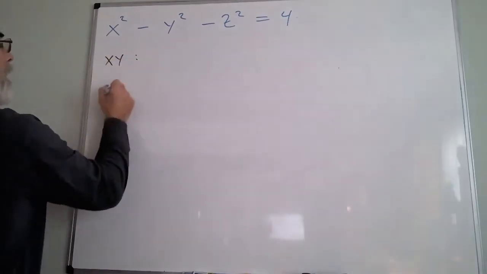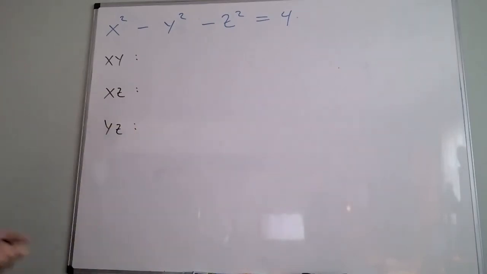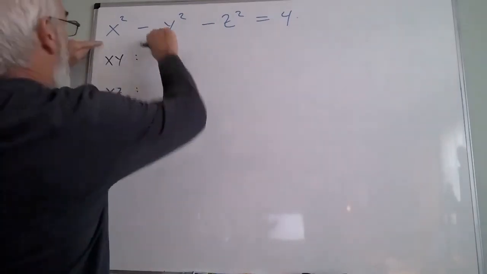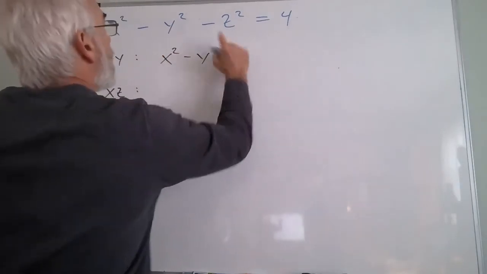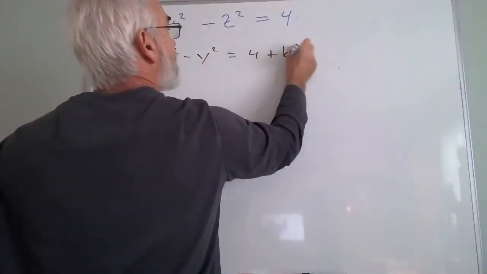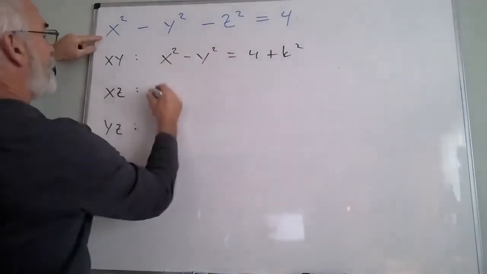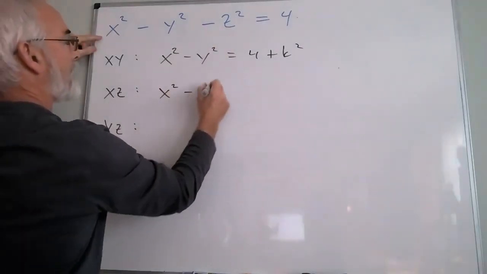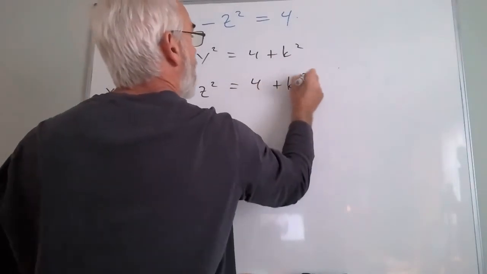So, do it again, xy, xz, yz. This should be relatively simple. So xy, I have x squared minus y squared equals 4 plus k squared. In fact, let's just do all of them real quickly. xz, so I have x squared minus z squared equals 4 plus k squared.